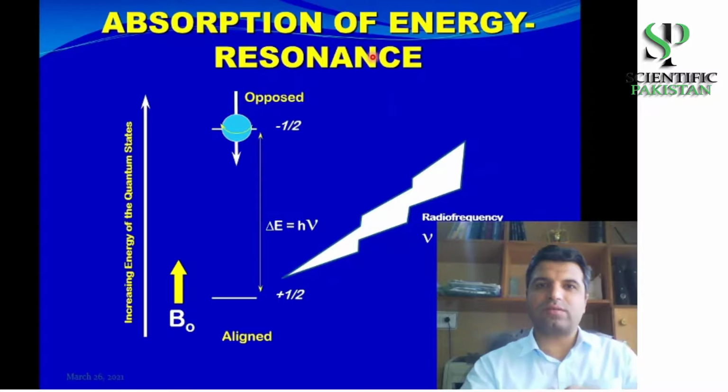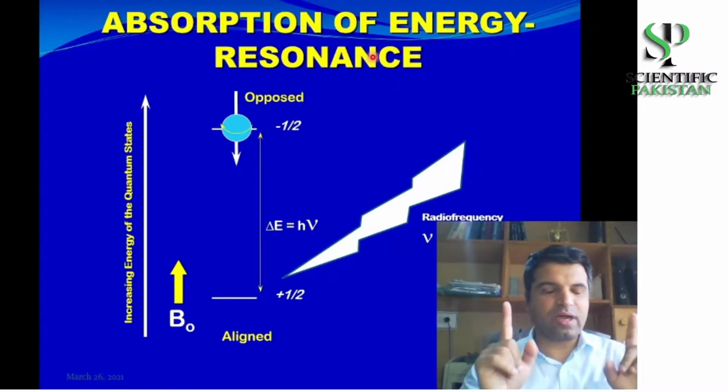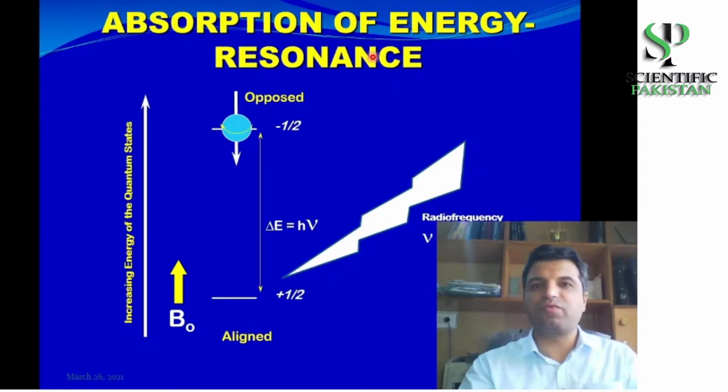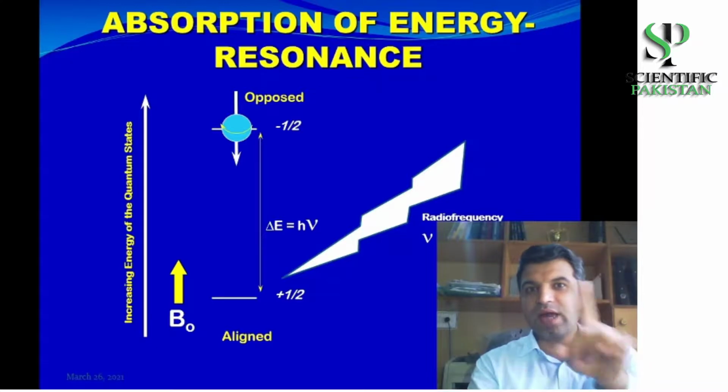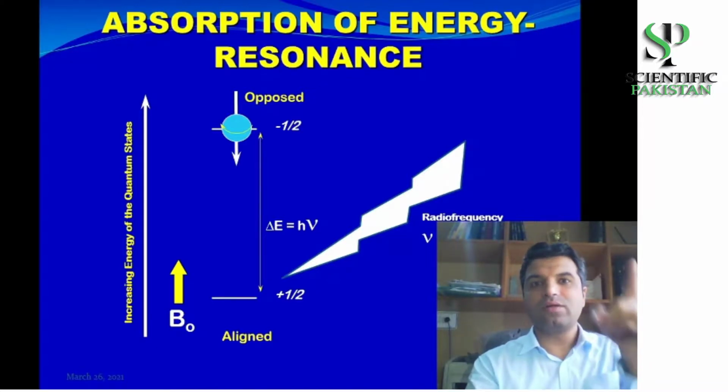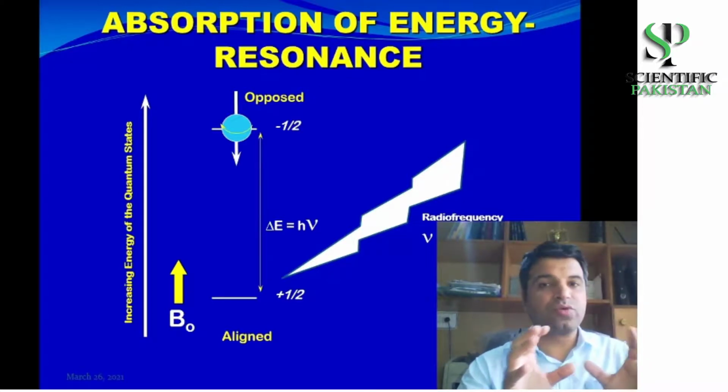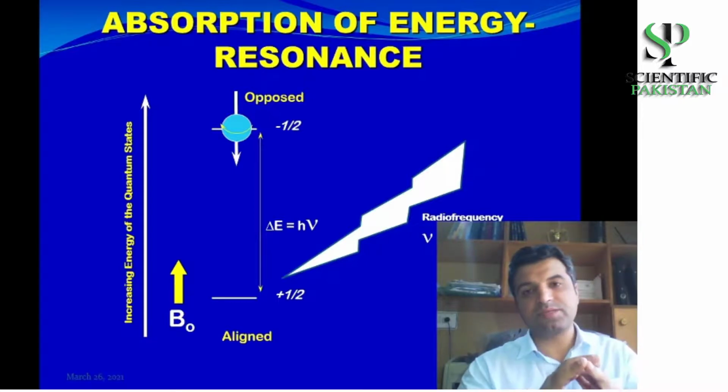But why do we call it resonance? Again, if you remember, I told you earlier that resonance happens when we have two equal frequencies. When two frequencies match together, we have resonance. So why do we call it resonance? Because this frequency, the radio frequency, has to be exactly equal to the Larmor frequency for resonance to take place.